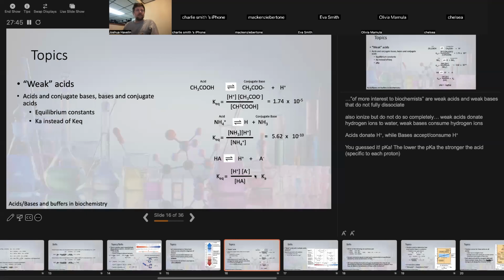That's what Ka is. Does anyone know how else we refer to the strength of acids or the strength of acidic functional groups? Hopefully everyone's seen this in OChem.